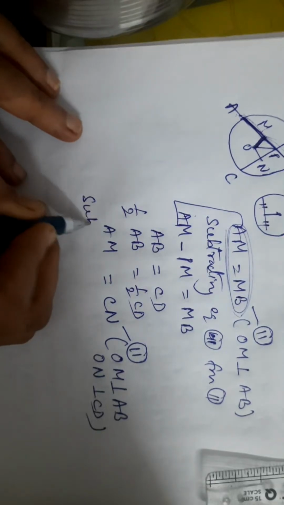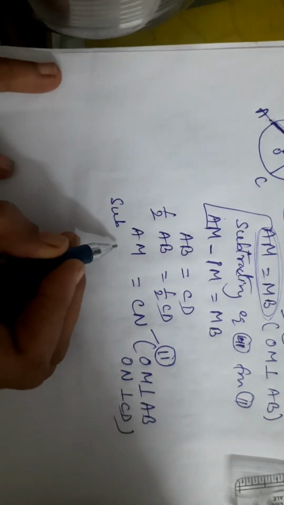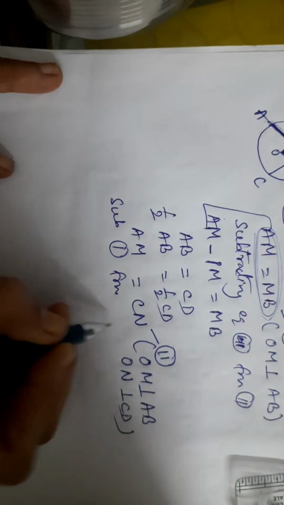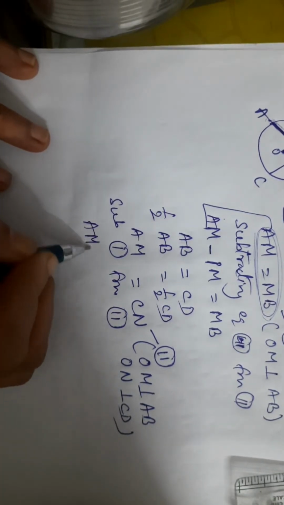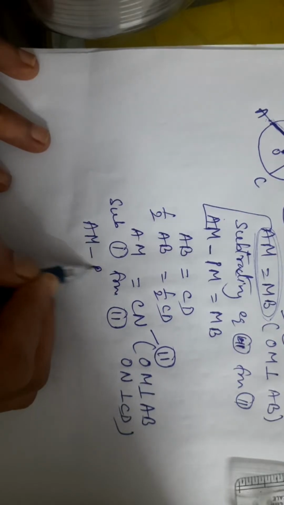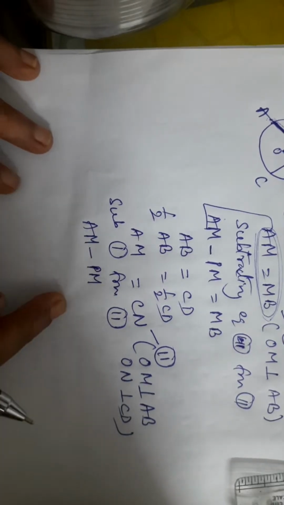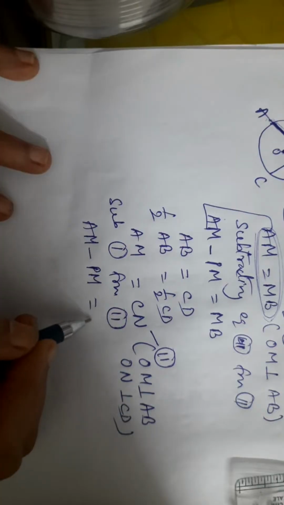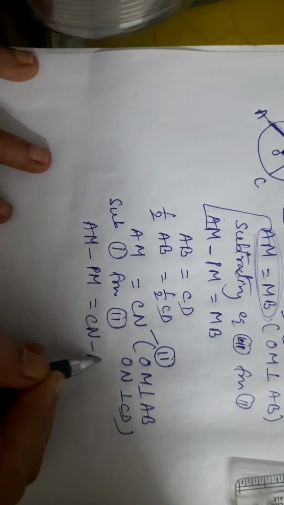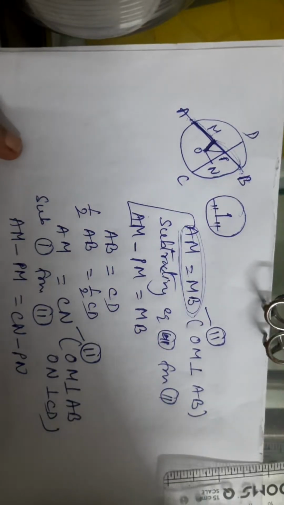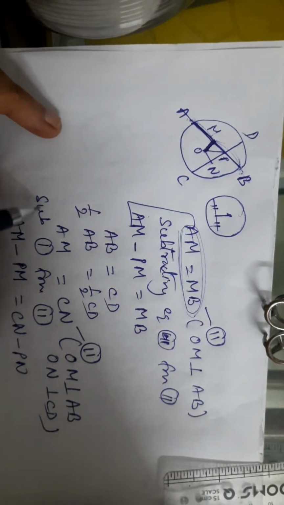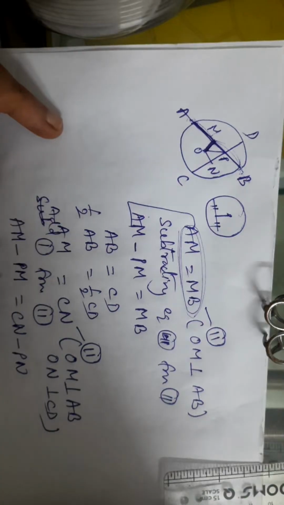Now subtracting the first equation from the second, AM minus PM, which I already proved, so here CN minus PN.